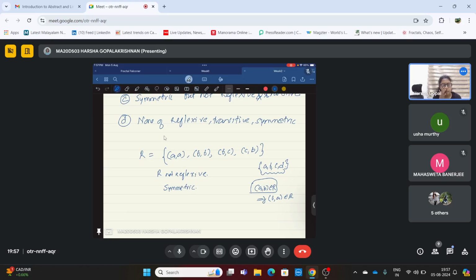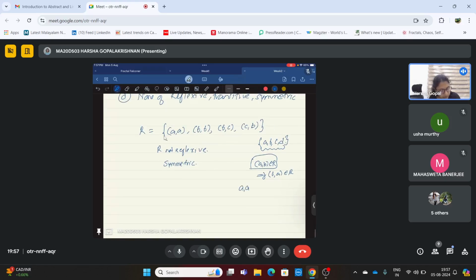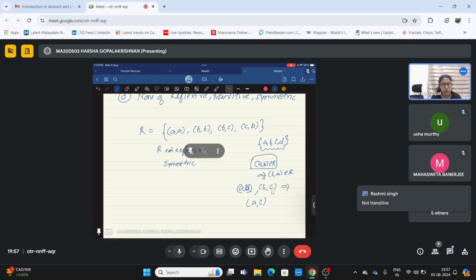Anyone say? For transitive, again I can say AB, BC. If two elements are there, then AC should also be there. Not transitive? Why?